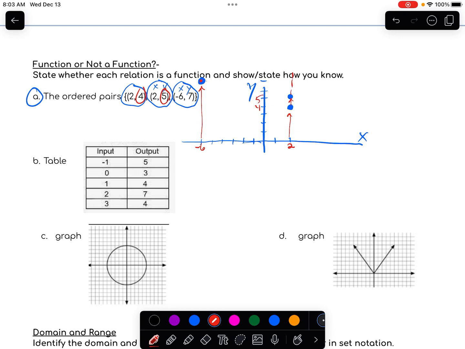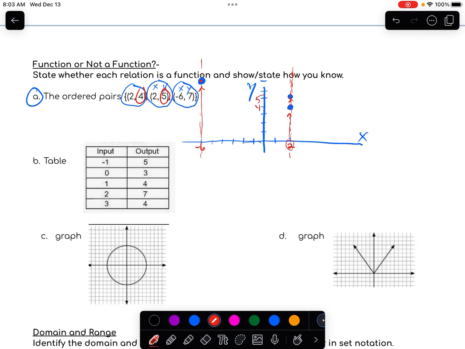In other words, it does not pass what we call the vertical line test. If we can draw a vertical line through the graph and it only ever crosses the graph or the points once, then it is a function. If you do a vertical line and it passes through the graph more than once, so in this case it passes through both of these points, then it is not a function.